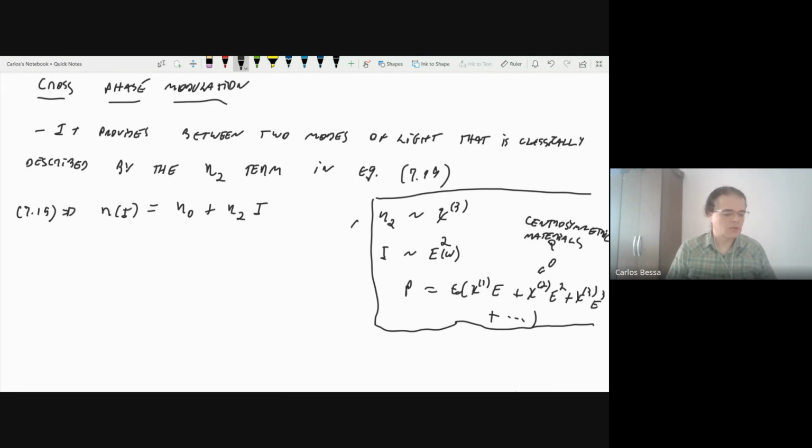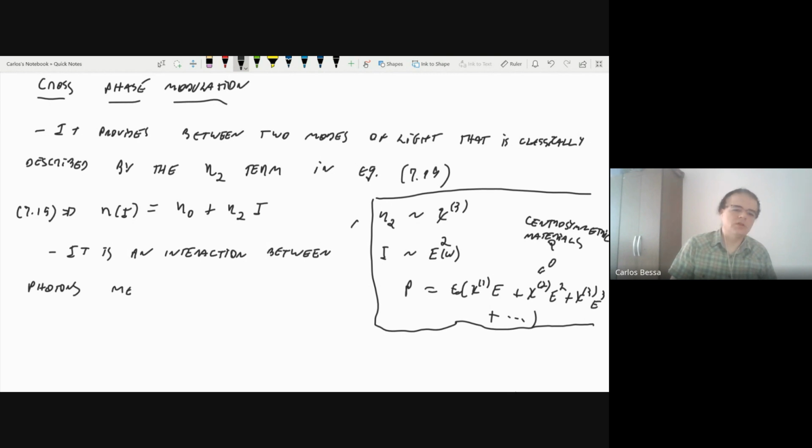This term that we found is an interaction between photons mediated by atoms in the medium, in the Kerr medium.